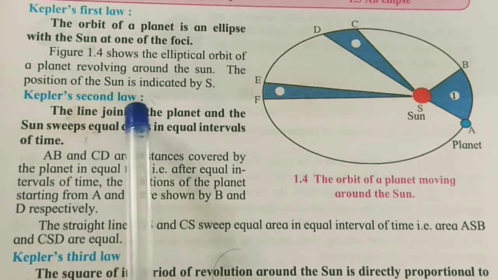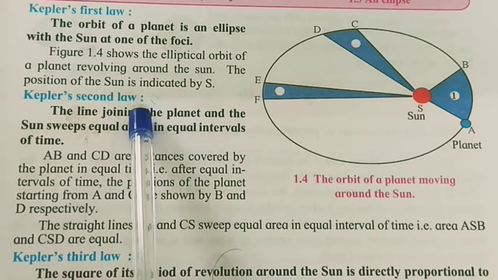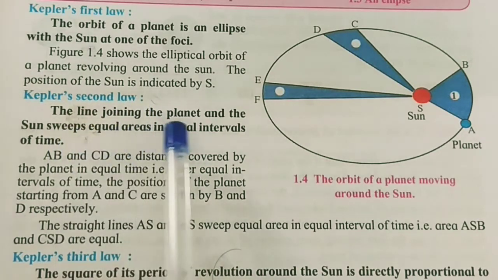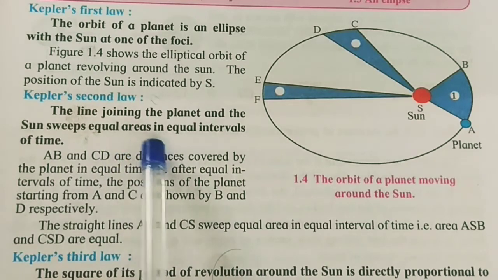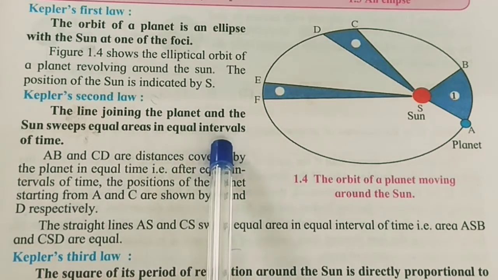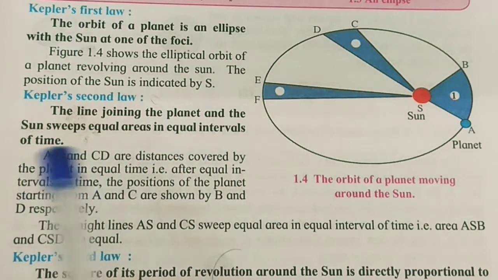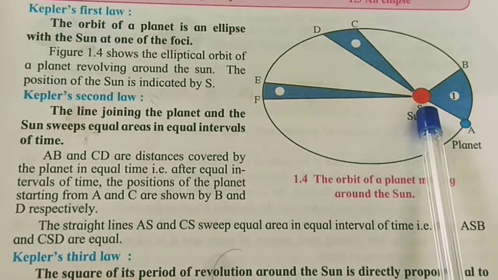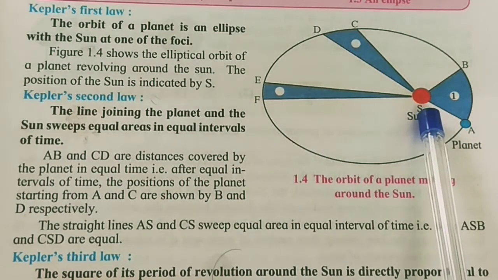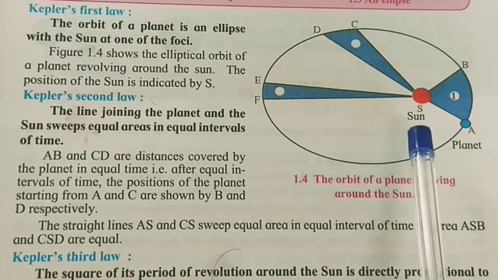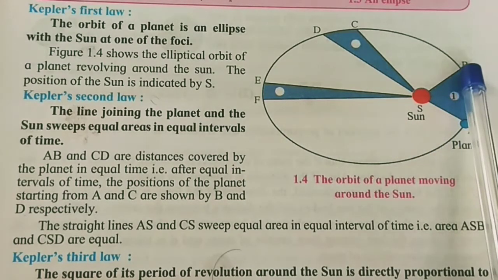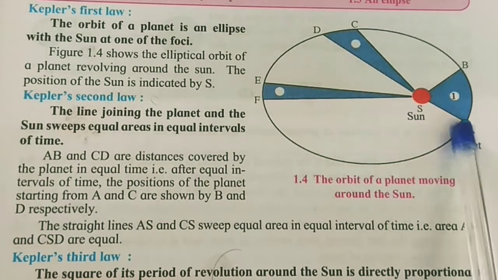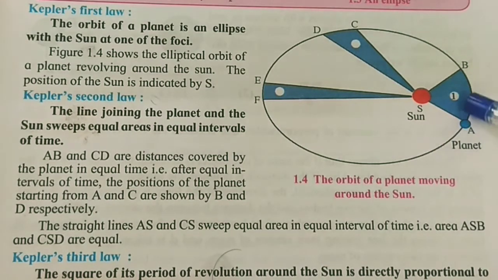Now the next, Kepler's second law. What it says: the line joining the planet and the sun sweeps equal areas in equal intervals of time. So this is some interval of time.